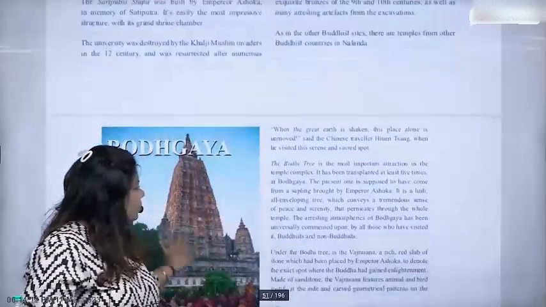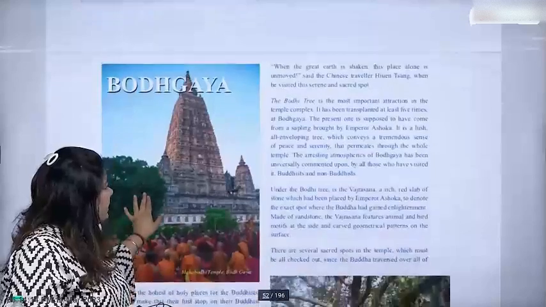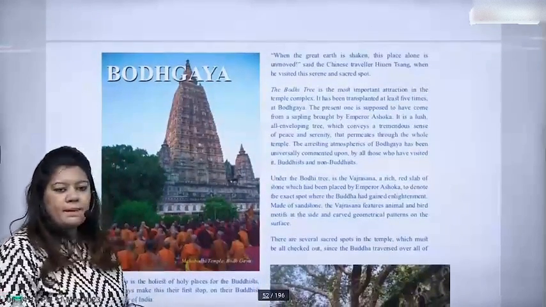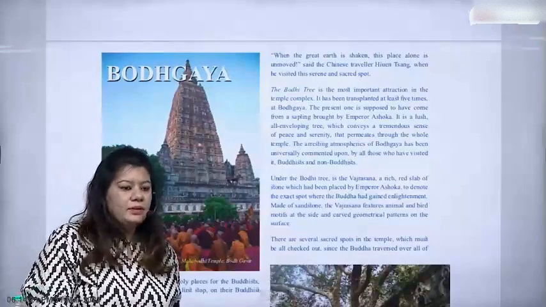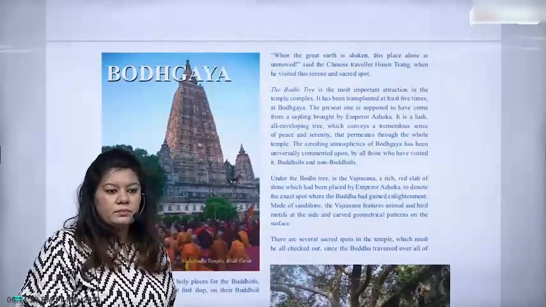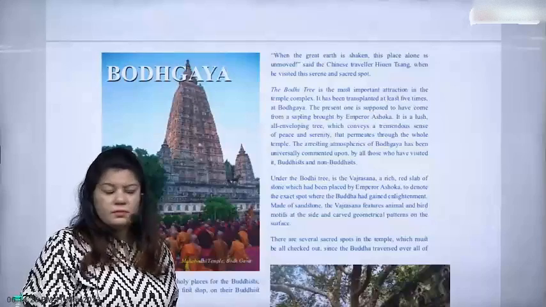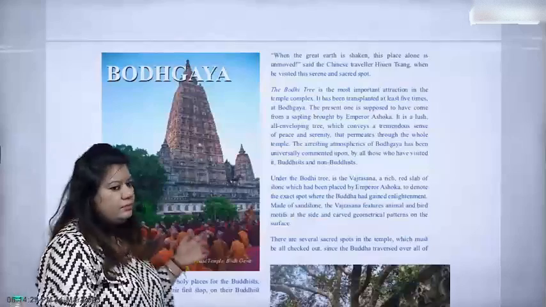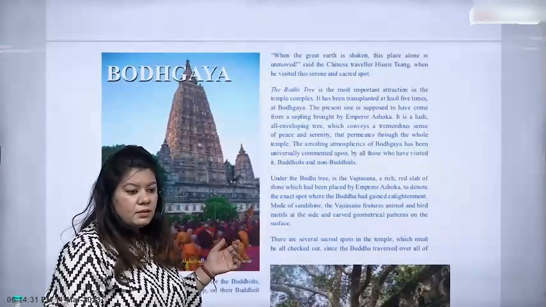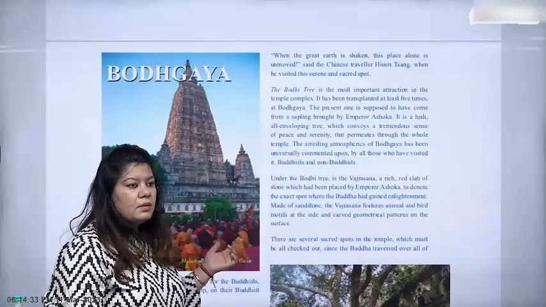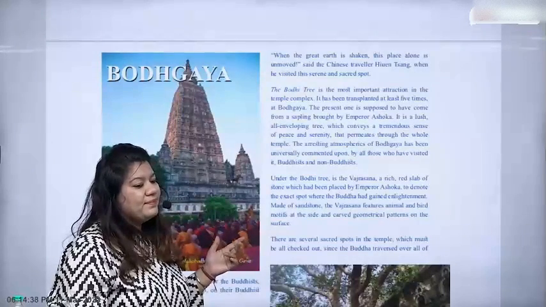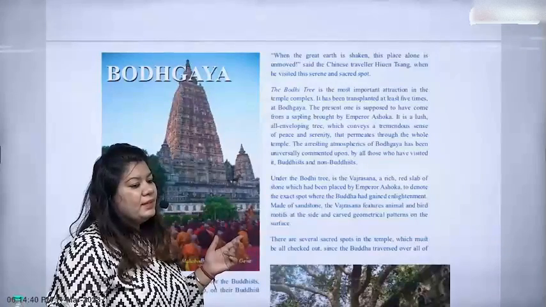Then comes your Bodh Gaya. Very important site. What happened at Bodh Gaya? Enlightenment under the Bodhi tree. Bodhisattva, in that sense, is a different thing, one who is helping others.